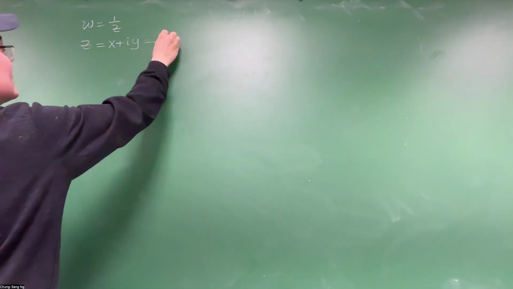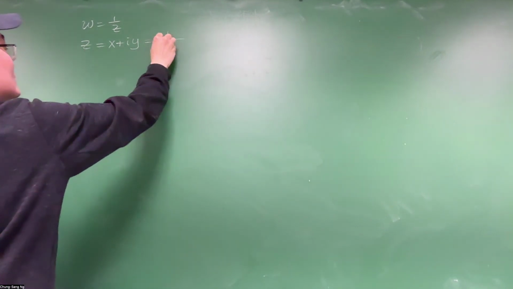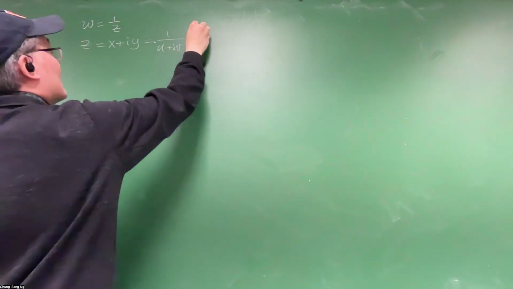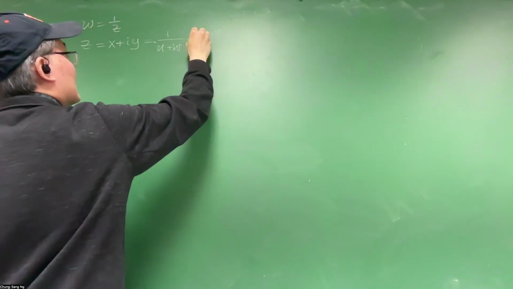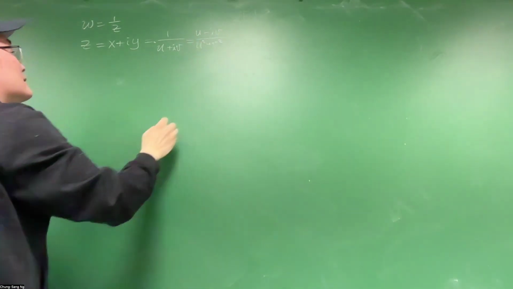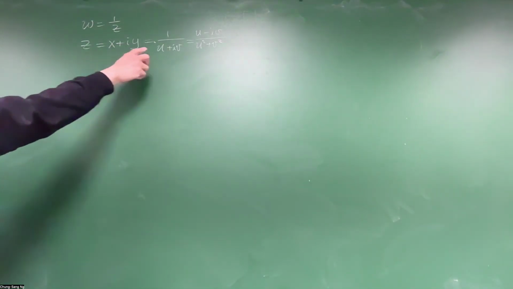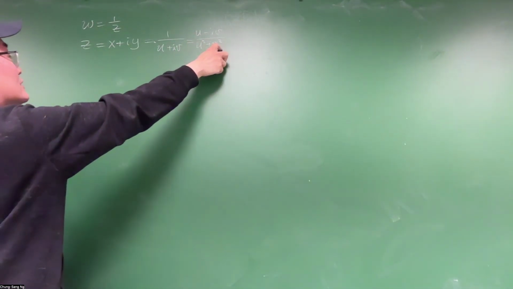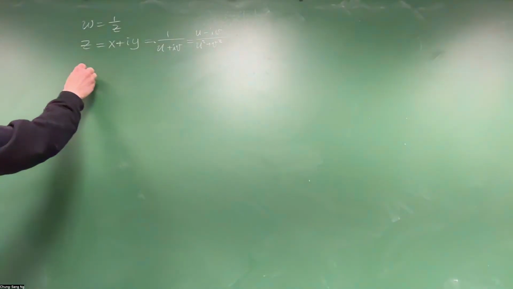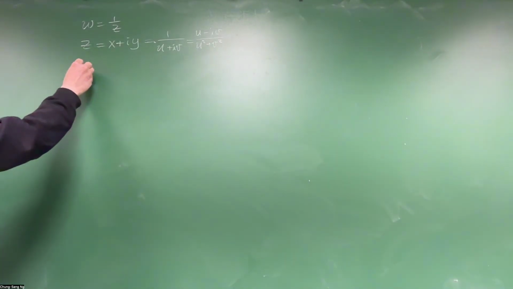Z is 1 over W, so it's 1 over U plus iV, which is U minus iV divided by U squared plus V squared, right? X is U over U squared plus V squared, Y is minus V over U squared plus V squared. Okay, that's the transformation.